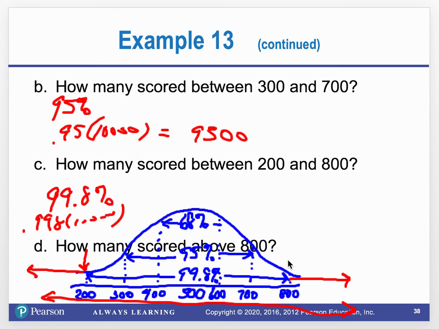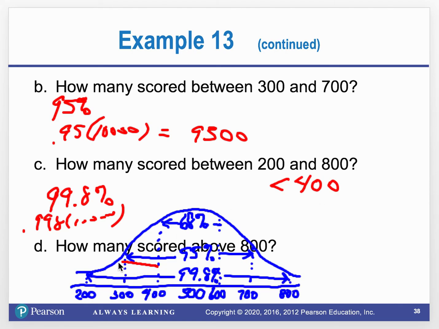Okay, what if it asks us, how many students scored less than 400? Again, here's 400. So less than 400 is this group of students. Well, once again, pay attention to where your number falls.